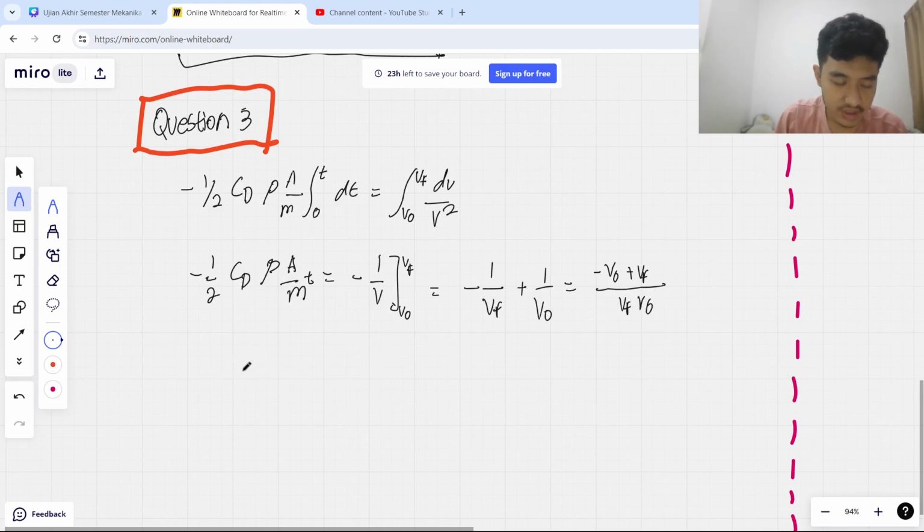And then we can just substitute it into the time equation. We have time right here. So it's basically just like this: Vf Vo, minus Vo plus Vf, and then just substitute all of it to the side.